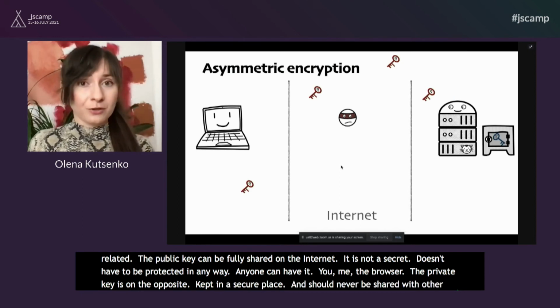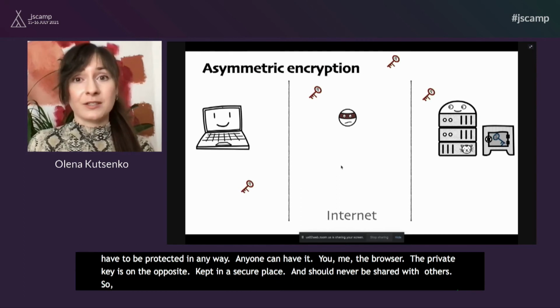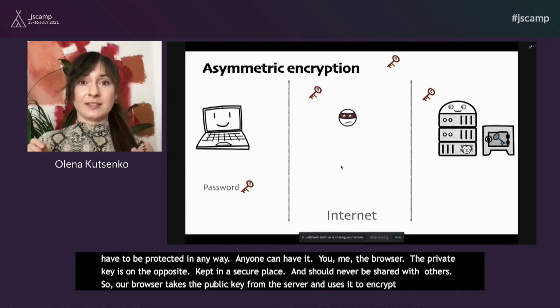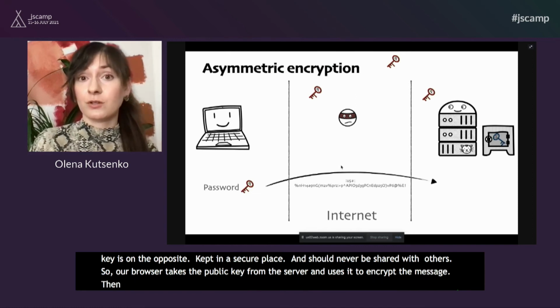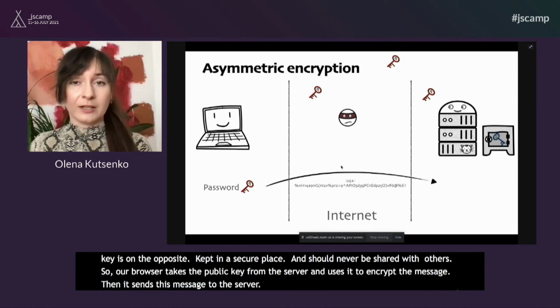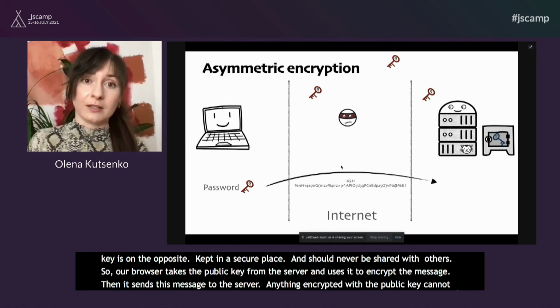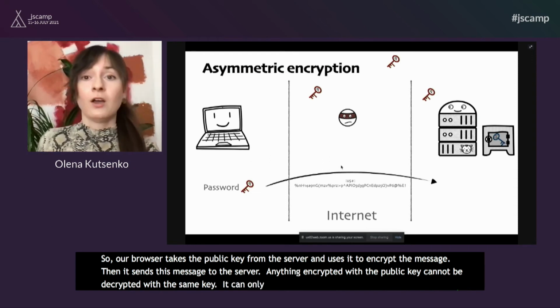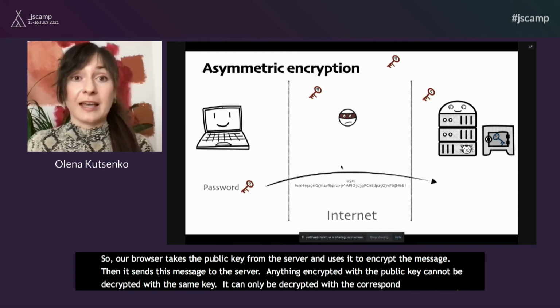So our browser takes the public key from the server and uses it to encrypt the message. Then it sends this message to the server. Anything encrypted with the public key cannot be decrypted with the same key. It can only be decrypted with the corresponding private key, which the server keeps as a secret.